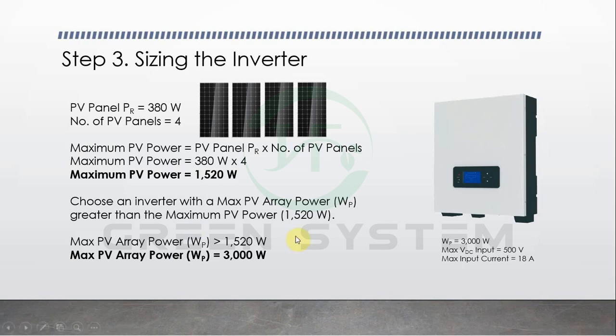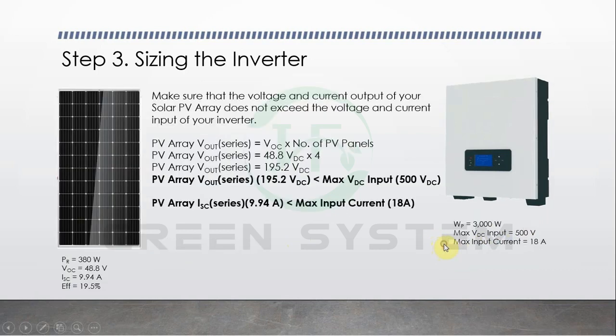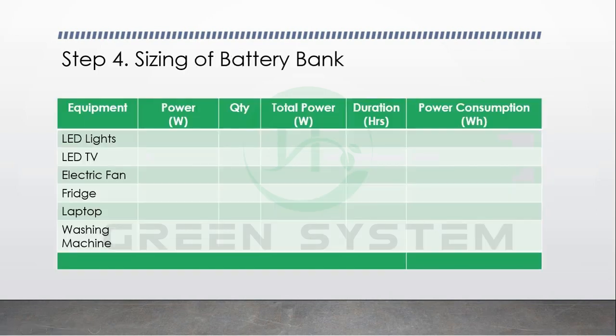So in this case, we'll choose a hybrid inverter rated at 3000 watts or 3 kilowatts. Next, we'll check if the other inverter parameters, such as the voltage input and the current input, are enough.